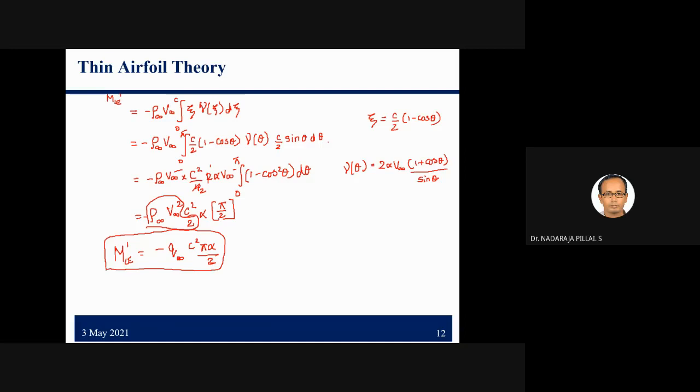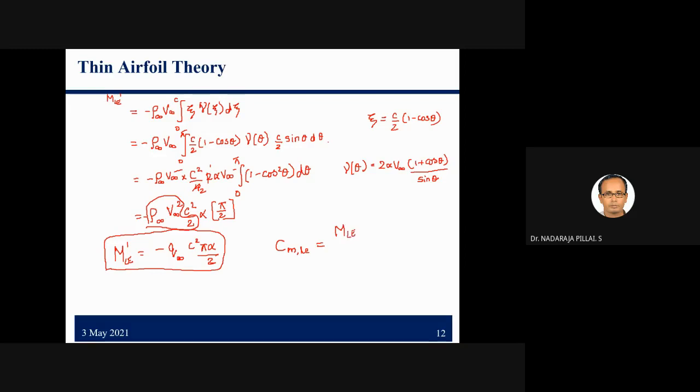So now we have arrived at the expression of moment, right? So we can calculate the coefficient of moment. Let us say coefficient of moment about the leading edge, that is equal to, I hope you remember why I use the small letter m, c and all those, because it is for the airfoil, not for the wing.